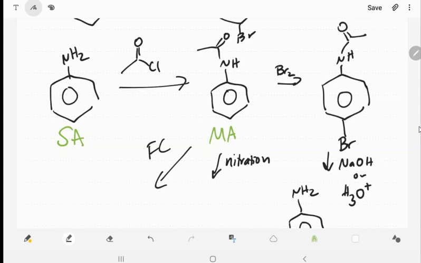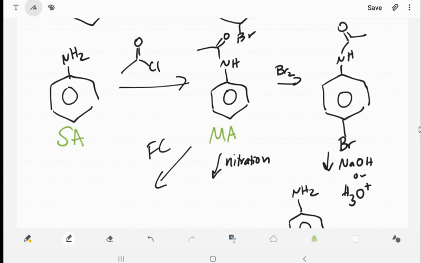Remember, you couldn't nitrate aniline because you end up with black sludge because you end up oxidizing part of it. Not going to happen if you've protected your amine with this group. And so it's a kind of useful placeholder that you can do whatever you want to do, and it'll protect your molecule from going to crap.